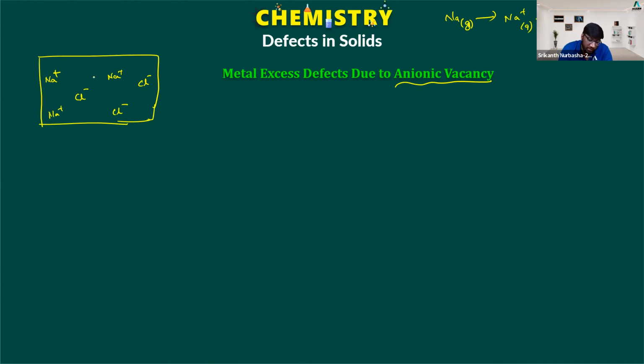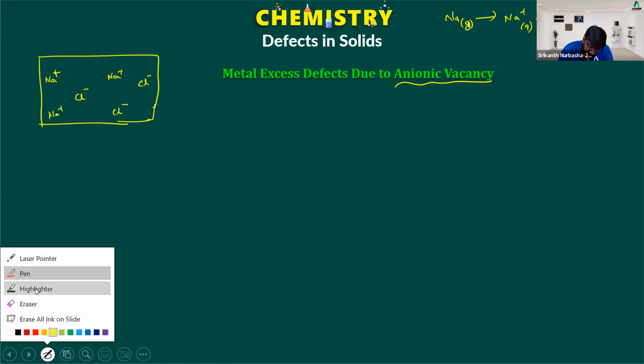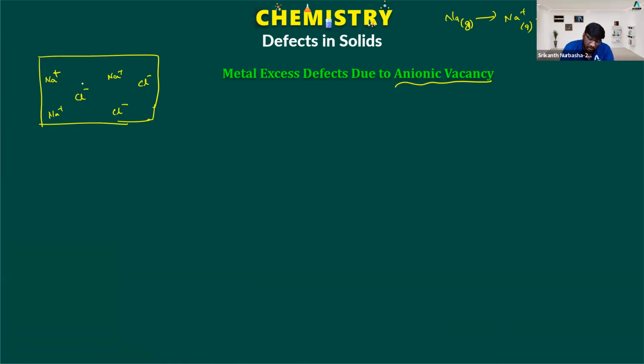Understand this point carefully. The Cl minus ion in the crystal will diffuse out, because sodium vapor is giving Na plus and electrons. The Na plus is present in the gaseous state. The Cl minus wants to develop new attraction with Na plus. So Na gaseous gives Na plus gaseous plus electron.